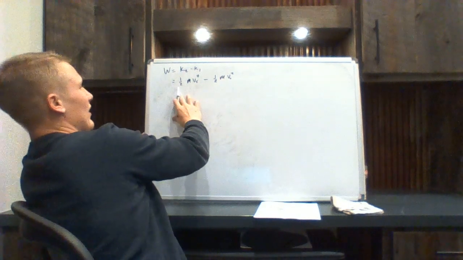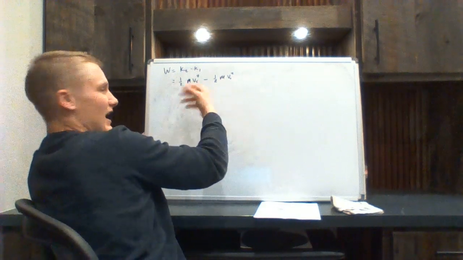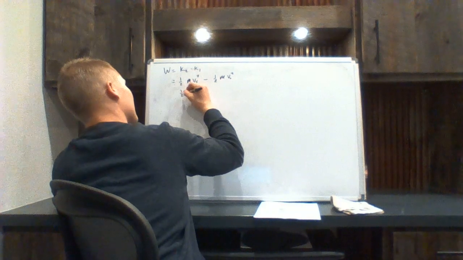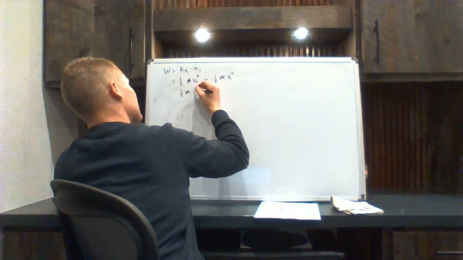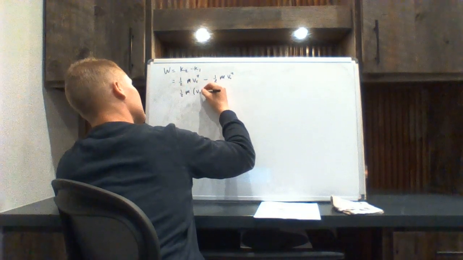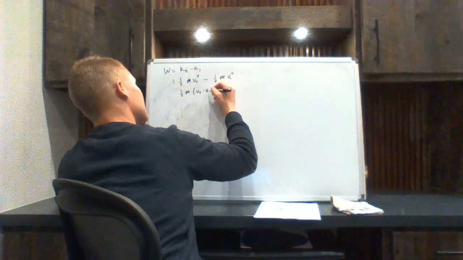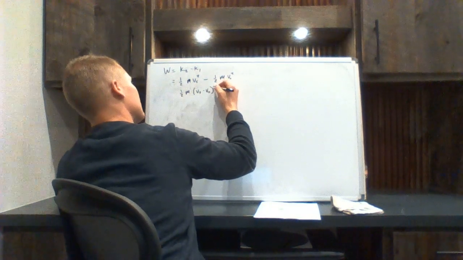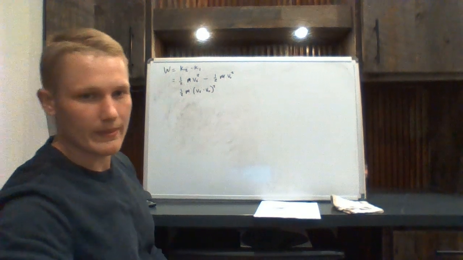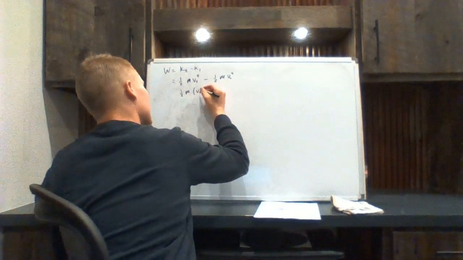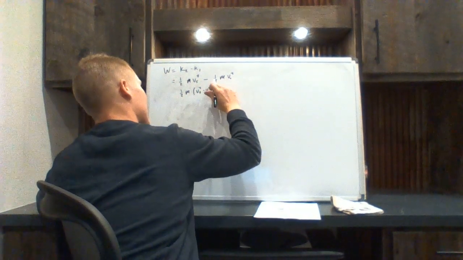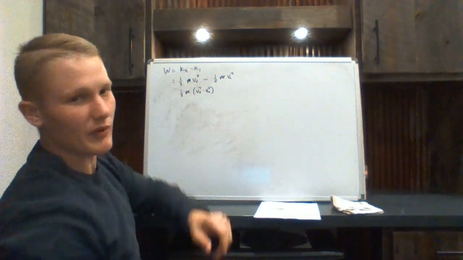K2 will be 0 eventually. Then you can take the 1/2 m out, just 1/2 mass times velocity final minus velocity initial, squared. Well, squared, that's incorrect. It's squared for both of them.